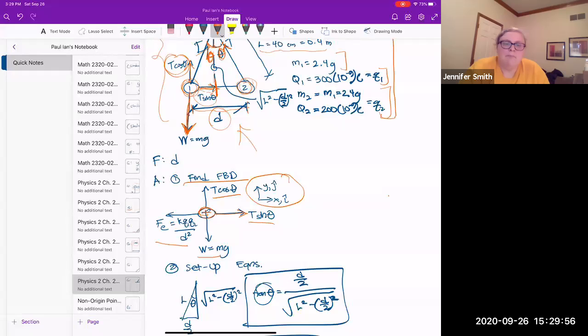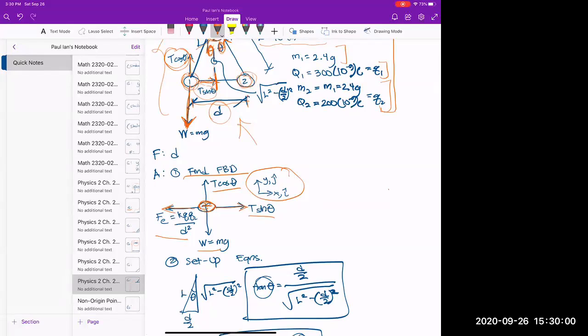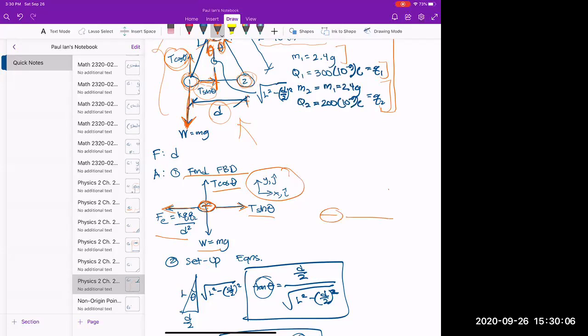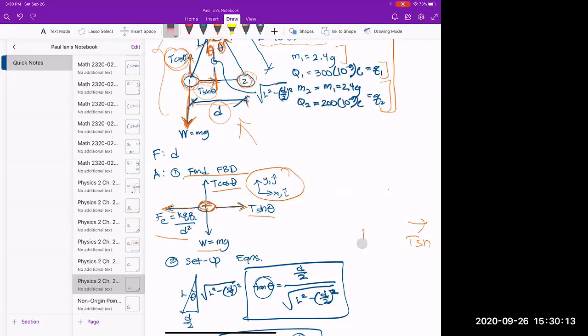This is going away because it's positive. If it's negative, it's going to go toward this guy, along with the T sine. He gives it to you as positive, so that's why it's away.